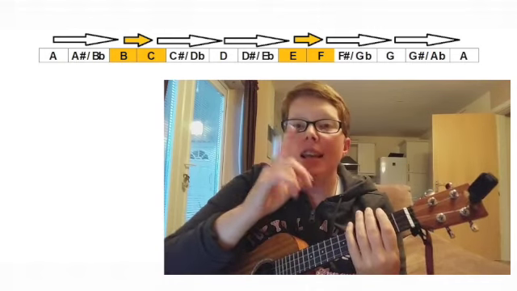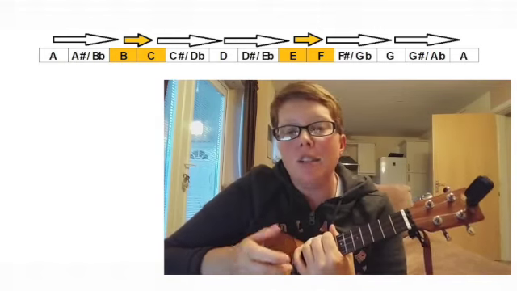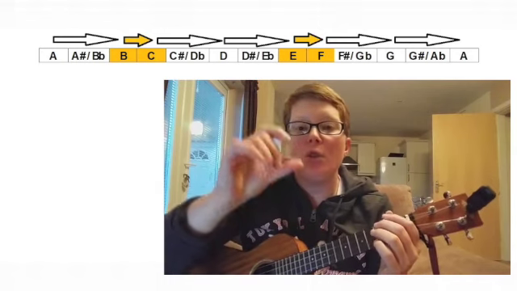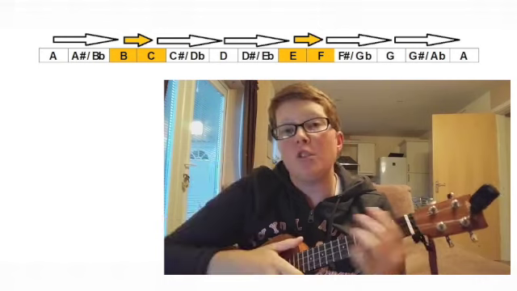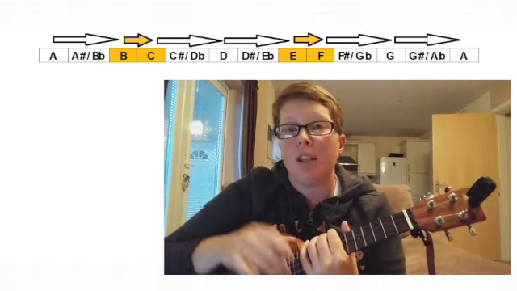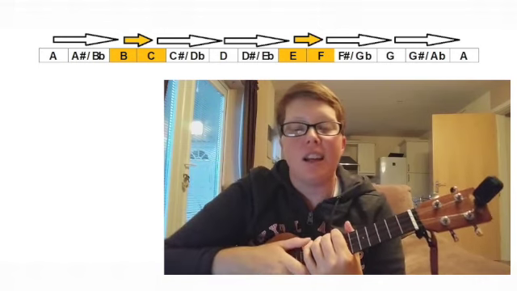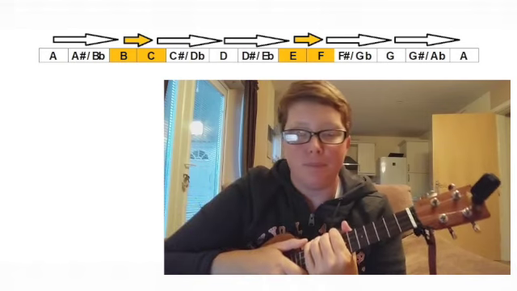Now the B and the C and the E and the F are highlighted because you might note that there are sharps and flats between all the other notes, but between the B and the C there are no sharps or flats, so that's just something to highlight. If you want to look into that, there are lots of explanations out there.